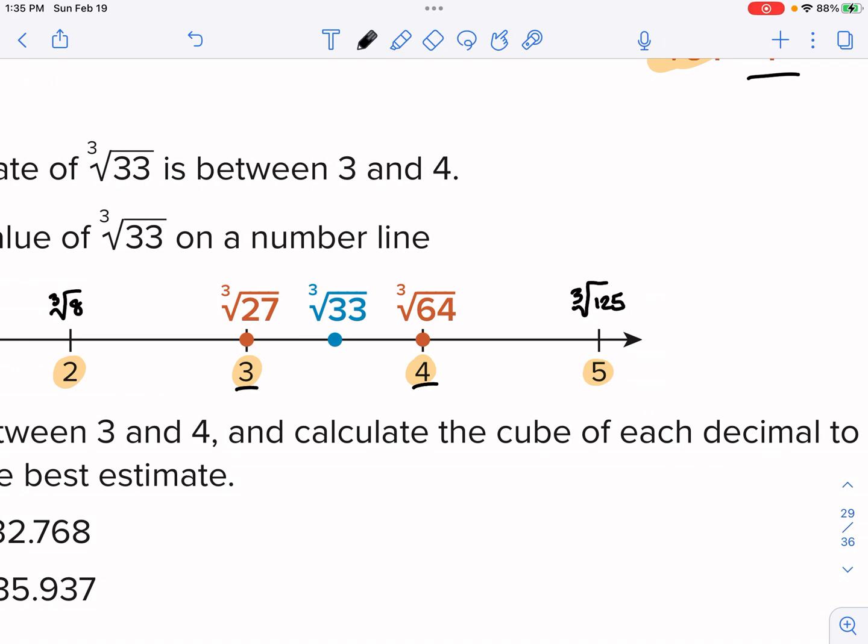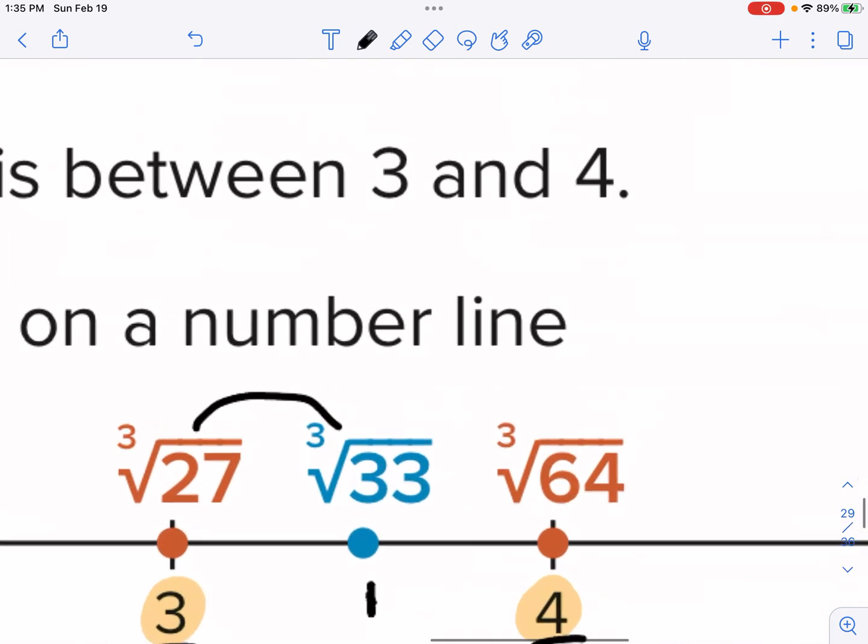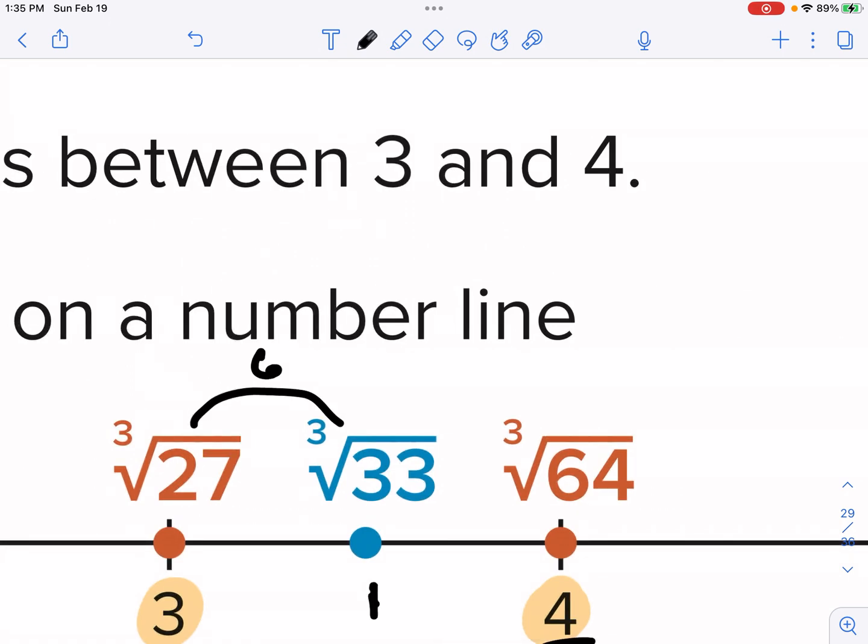Just like we did for the last one, you're trying to figure out how far this number is from these other numbers, because maybe it's not directly in between. This looks like it's 6 away from 27, and from 33 to 64 would be not quite 30, it would be 31.